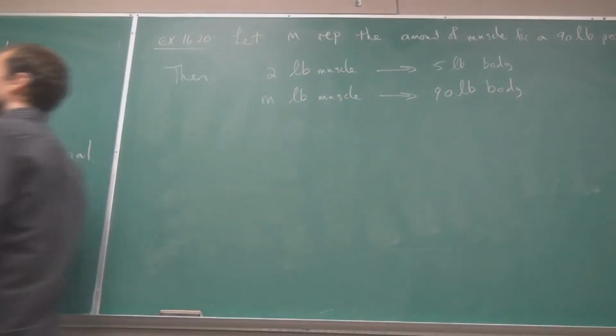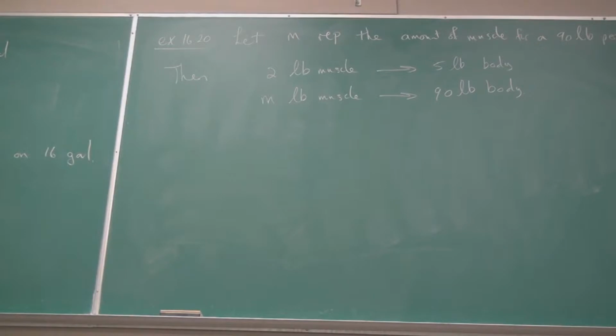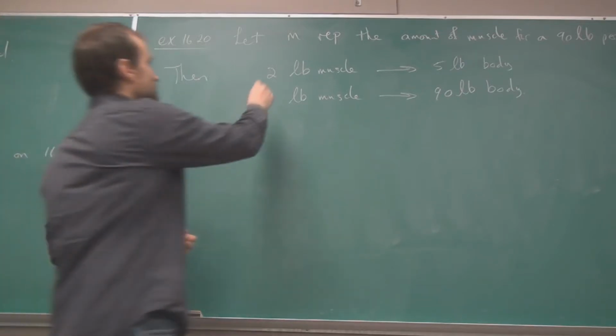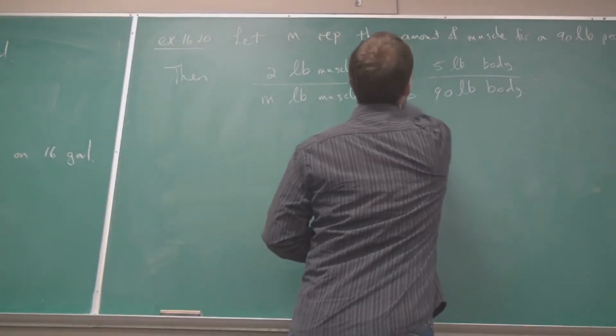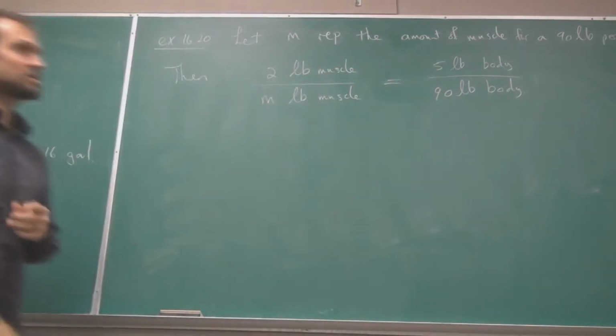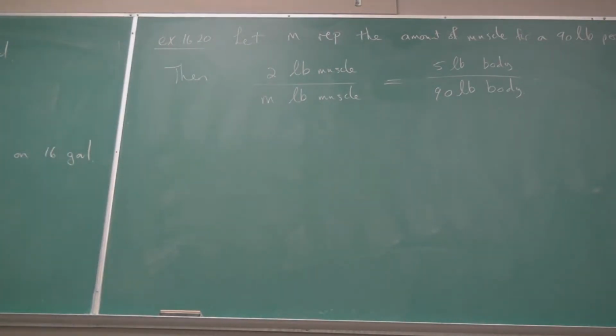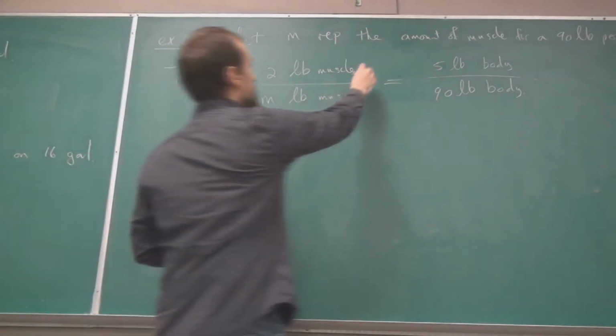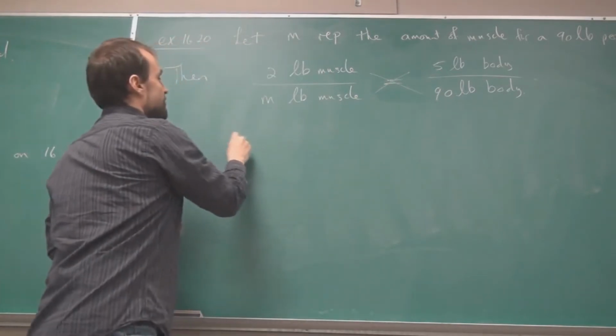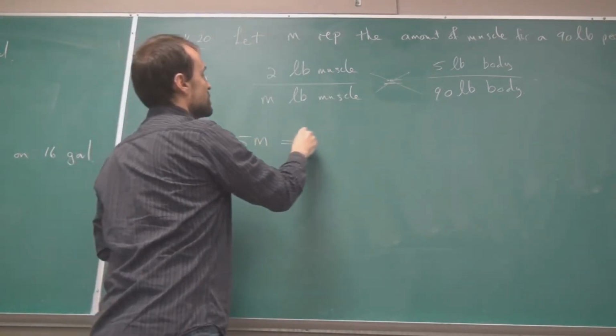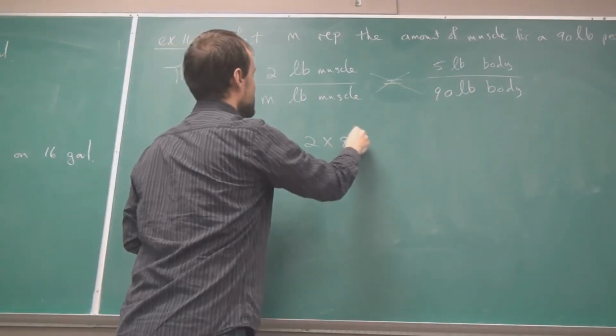Again, this isn't the only way, but it'll always work. Don't mix it up unless you're super comfortable with this. My ratio equation is right there. Cannot be easier. Now I cross multiply. 5m equals 2 times 90.